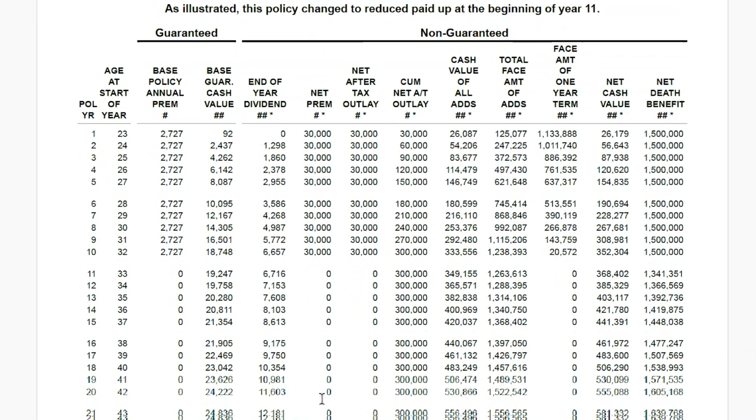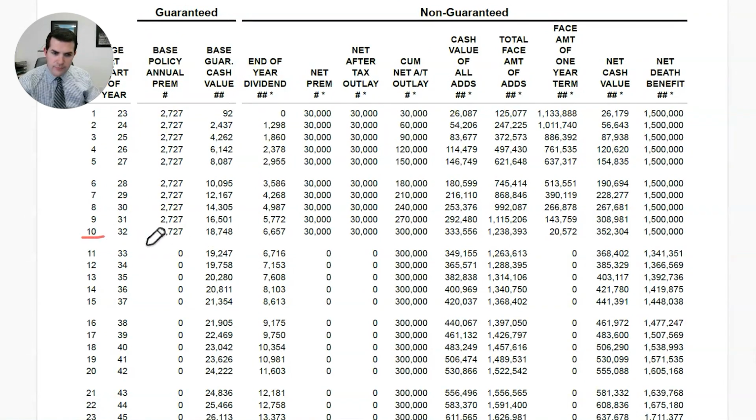Watch this. So year 10, your cash value is $352,000. Year 11, you get a dividend of $6,716. Year 11, your cash value is worth $368,000, which, when we look at that increase, that's much more than $6,700, isn't it?